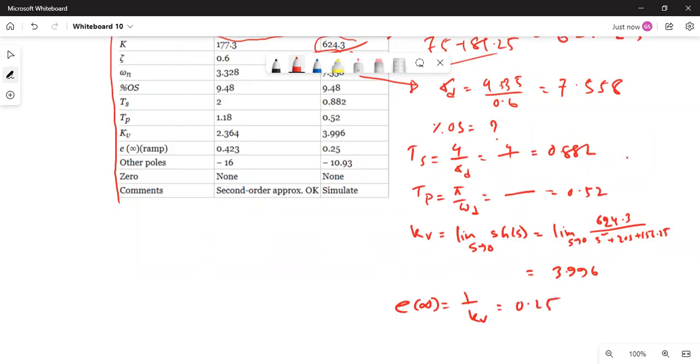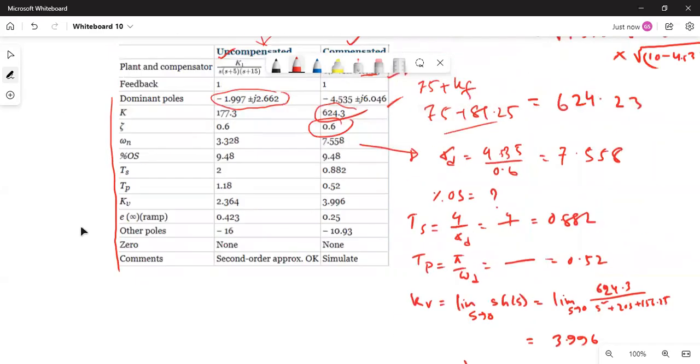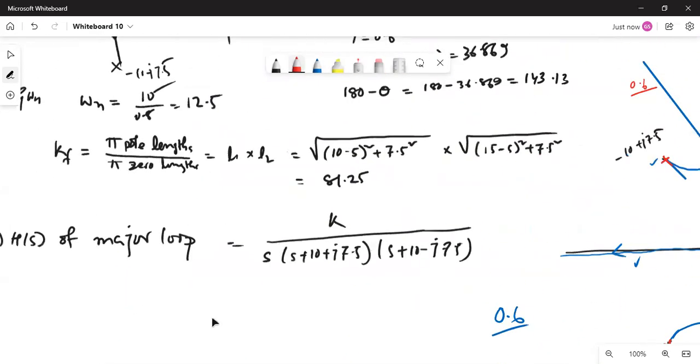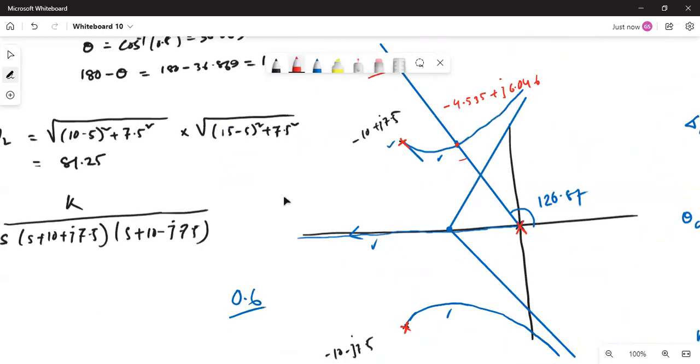So next thing you have to figure out is the other pole, or third order pole. How can I figure out that one? Basically, what we are trying to do is to figure out what will happen to this pole whenever your gain is 624.3, where it will be. That location we are trying to figure out. So this is what is being called the other pole or third pole.